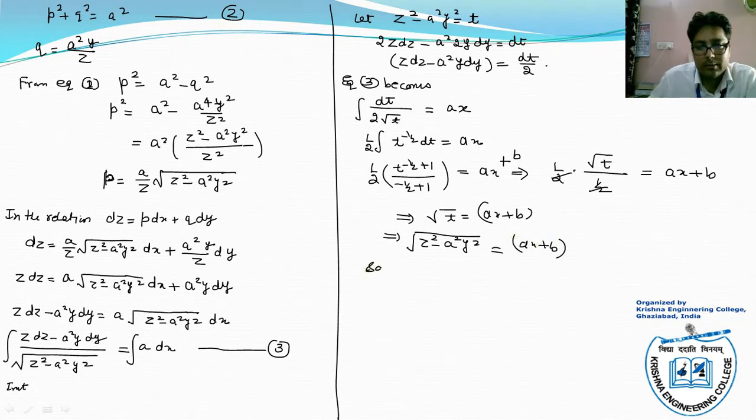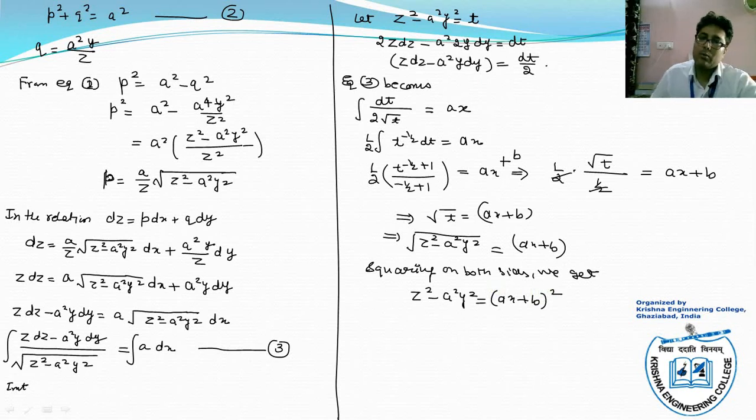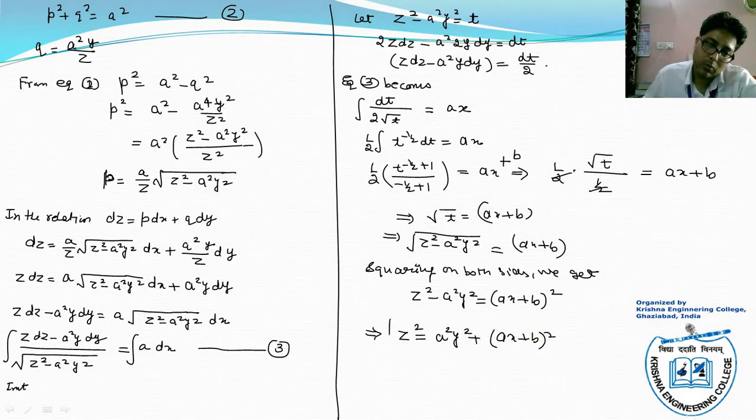Squaring on both sides, we get z square minus a square y square is equal to ax plus b whole power 2. Then z square is equal to a square y square plus ax plus b whole power 2.